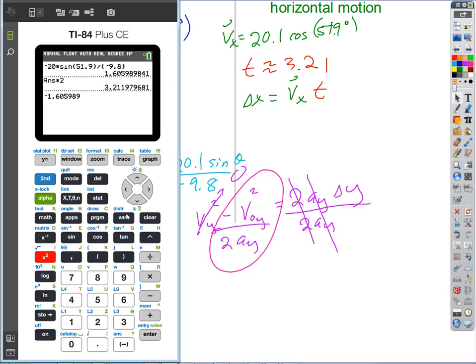There's my negative V naught squared, divided by, now here's what Ian did. He divided by 2 times a sub y, which is negative 9.8, right? What's wrong with that? He didn't put it in parentheses. So what the calculator did there was it divided that number by 2, calculated an answer, and then multiplied the result by, instead of dividing by, negative 9.8.